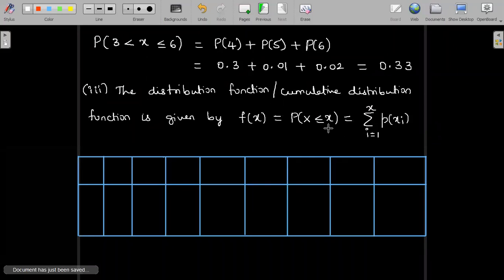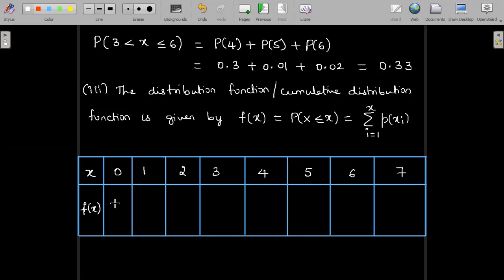Now applying this formula for distribution function or the cumulative distribution function, let us write down the table. In this table, we are going to write down x values and then F of x values. F of x is nothing but the cumulative distribution function. X values from the given data are 0, 1, 2, 3, 4, 5, 6, 7. That we are not changing anything.